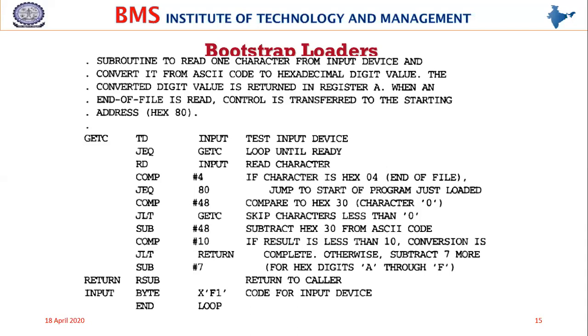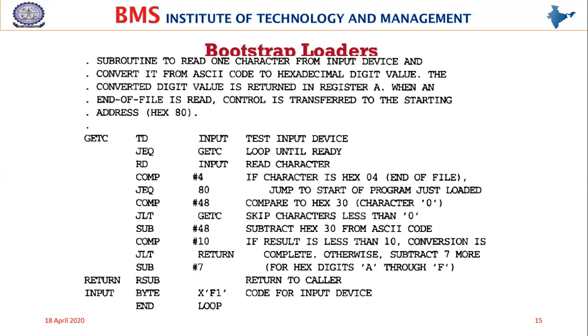This is program-controlled I/O, which I think I have already told you during SIC and SIC/XE. We keep repeating this test until the device becomes free. Once the device becomes free, we do RD input, which reads one character from the input device, that is, from F1.